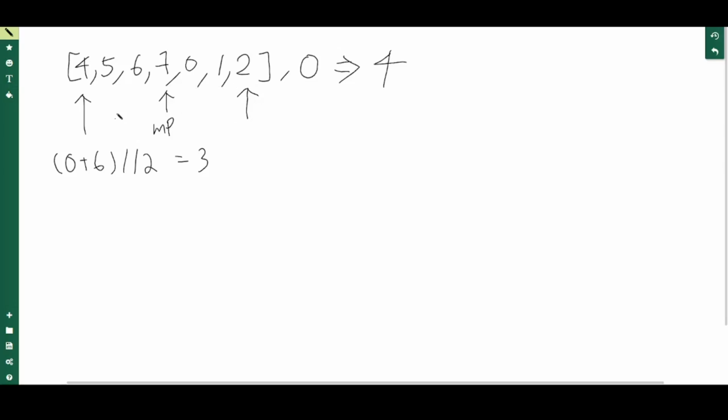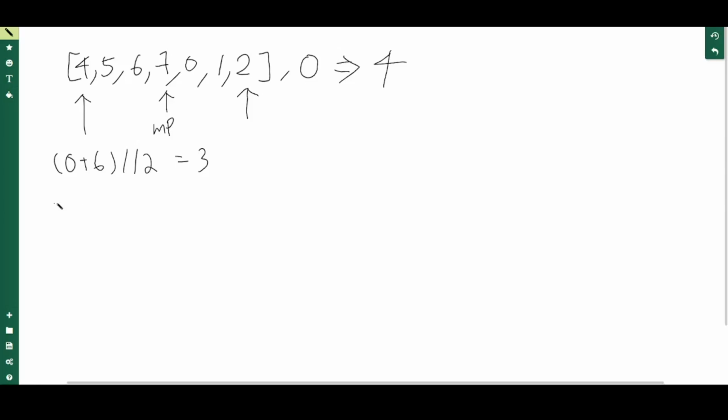Hence, what we do is we use the left part of this array, which is sorted. That would be 4, 5, 6, and 7. To reiterate, now we have the mid pointer pointing at 7, and we want to use the ascending part of the array, which is 4, 5, 6, 7.